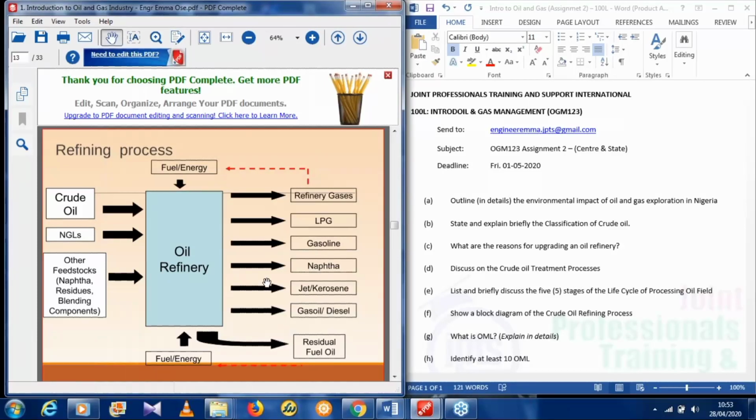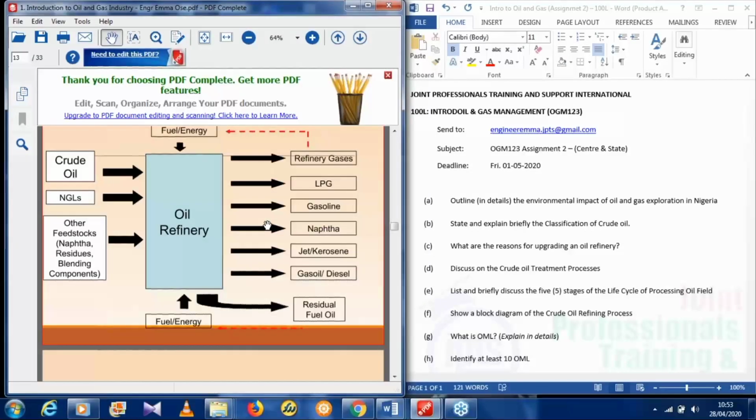We have a lot of wellheads around that area. Those areas are not offshore, but it is still a water and land operation, because you will see communities around those locations, so it is referred to as swamp operation. A lot of companies, like Shell, Agip, Chevron, and some indigenous oil companies, have their operations there.